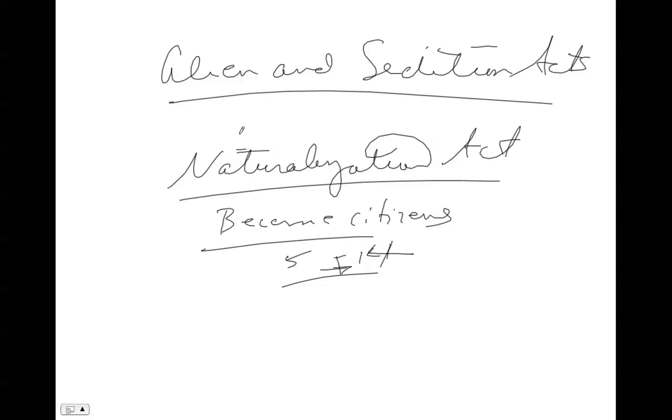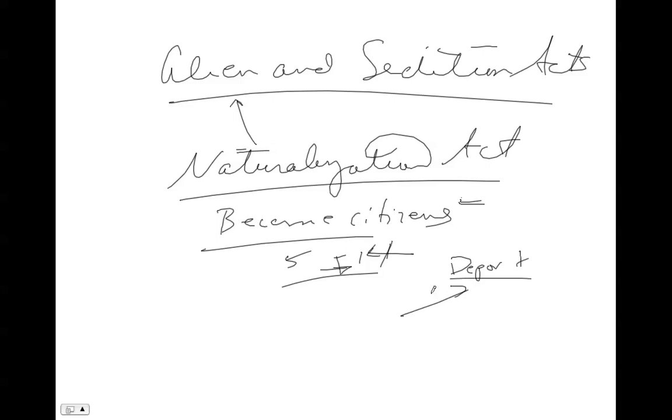Also, the Naturalization Act was part of the Alien Acts, and there was another act that stated that the president could deport any person who was here and was not yet a citizen. He felt that if he thought they were dangerous, he could deport them.